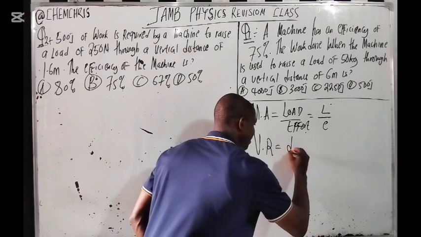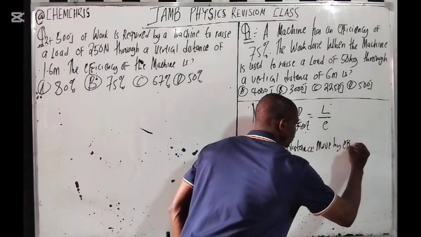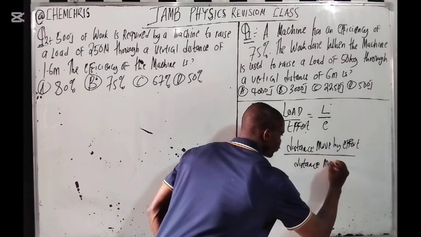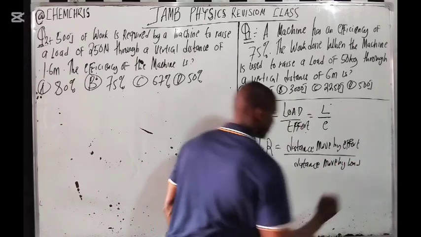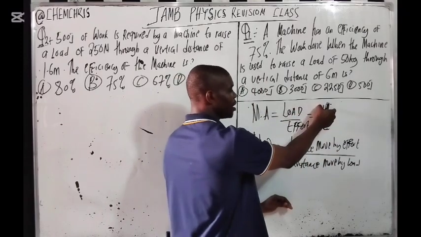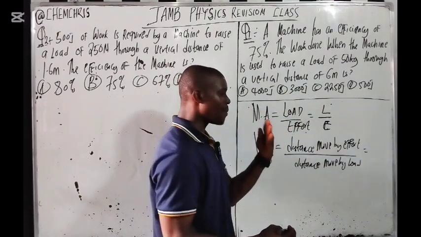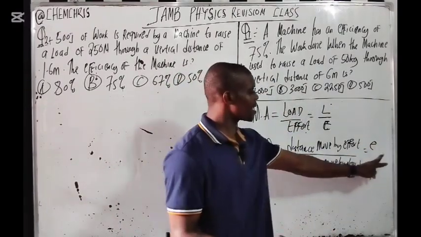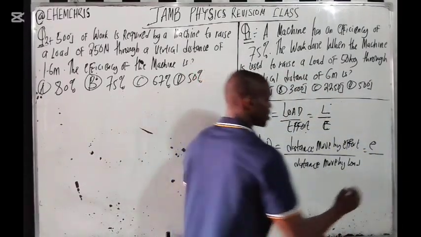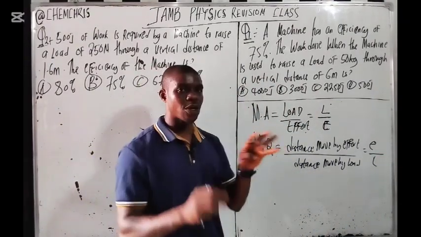Here, load is capital letter L and effort is capital letter E. Distance moved by effort is signified by small letter e, and distance moved by load is small letter l. So those are the first two formulas you need to know when it comes to machine.